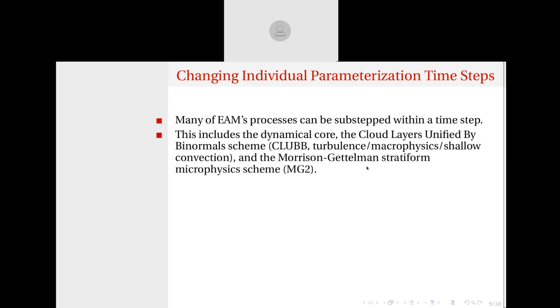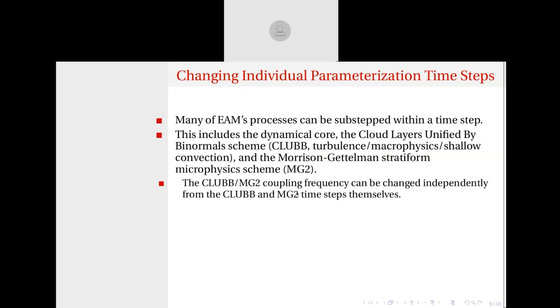So we can change the time step associated with dynamics, with CLUBB, which does the turbulence, macrophysics, and shallow convection. It's sort of a unified scheme for those different things. And the Morrison-Gettelman microphysics, which is the stratiform microphysics scheme. Also, the coupling between these two parameterizations can be changed independently from the CLUBB and MG2 time steps themselves.